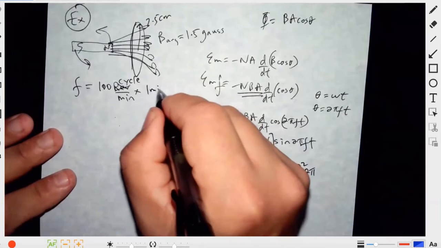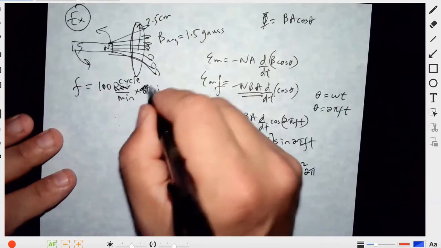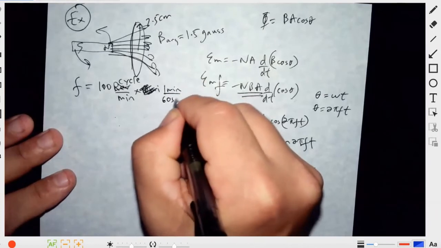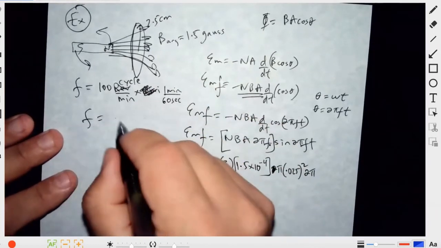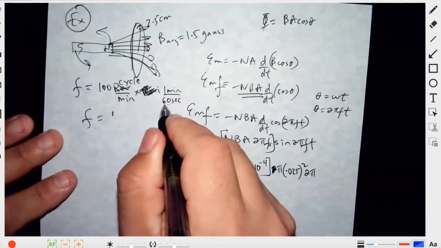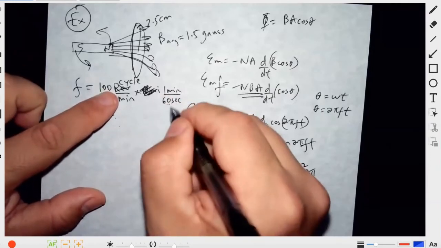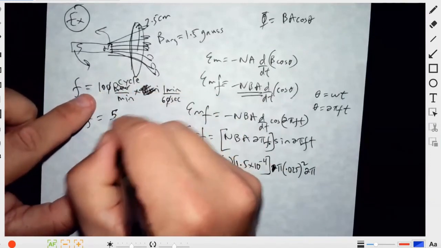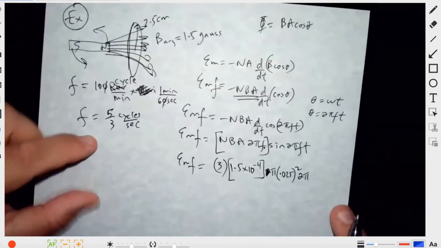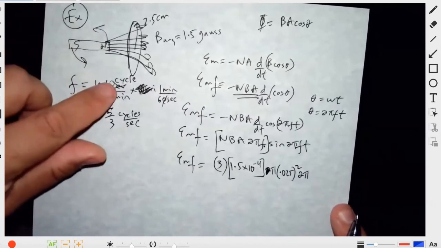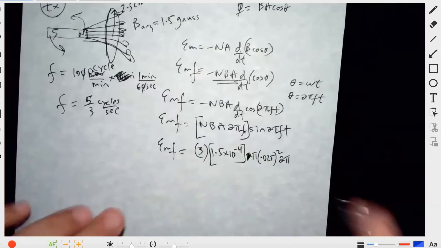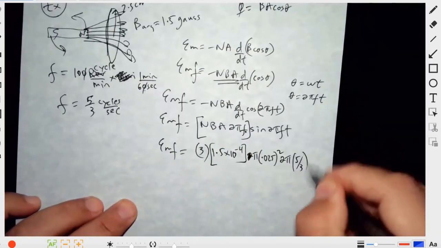But the minute, we can say 1 minute is 60 seconds. So the frequency becomes 5/3. 5/3 cycles per second. So if I have 100 RPM, it's 5/3 cycles per second. So we put that one there, 5/3.